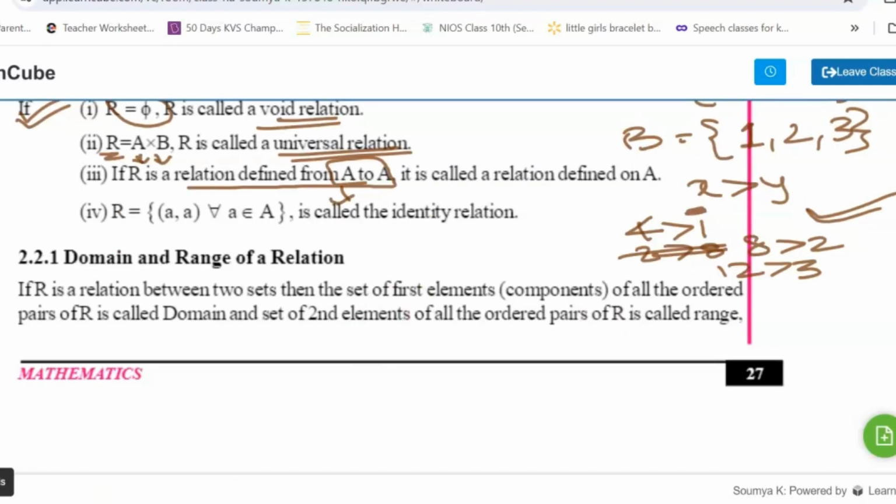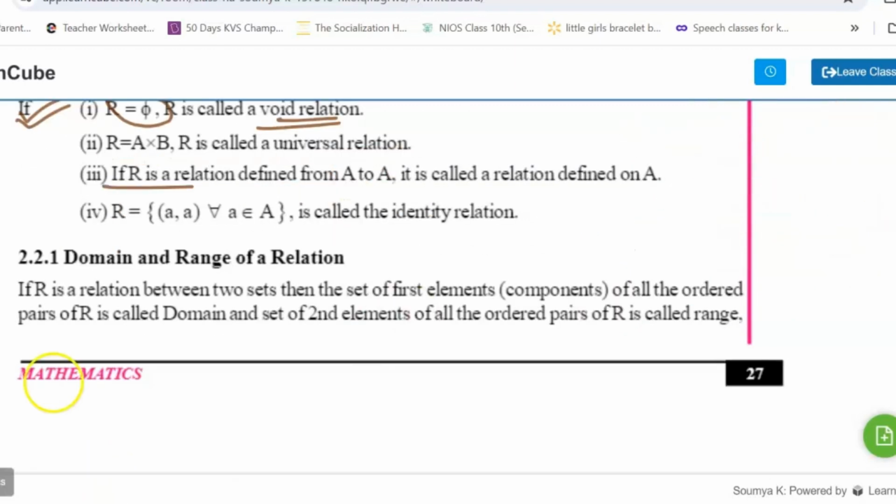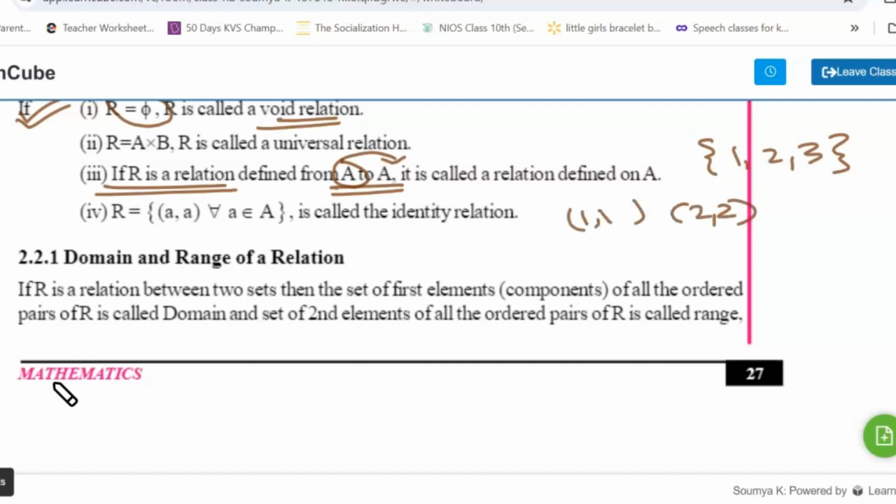Next one is identity relation. R is a relation which is defined from A to A, that is from the set to the same set. Such type of relation is known as identity relation. So example would be, if you have got elements 1, 2, 3 in a set, so the identity relation gives you the ordered pairs (1, 1), (2, 2), (3, 3).